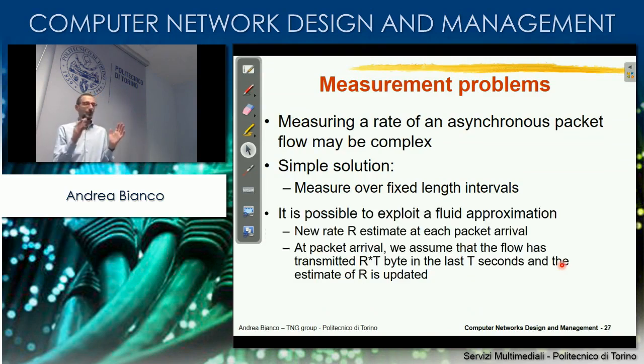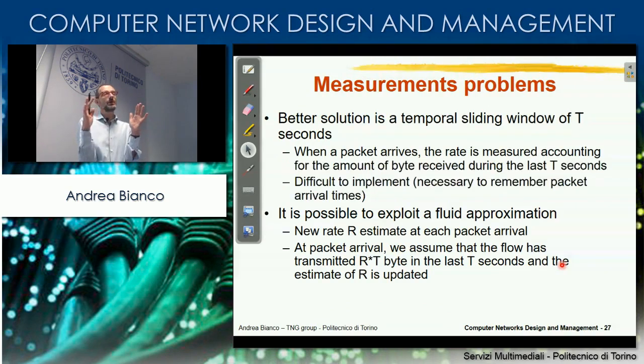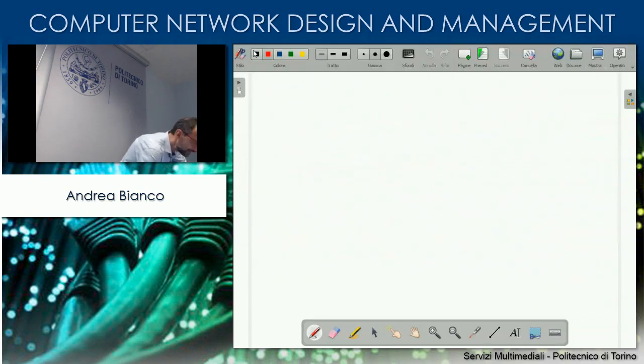Another solution is to have a temporal sliding window. Now, the problem is that if you consider a sliding window, that should be continuous, okay? But you can approximate it somehow. Let me give you an example about that. So suppose that this is the real generation process that you have.